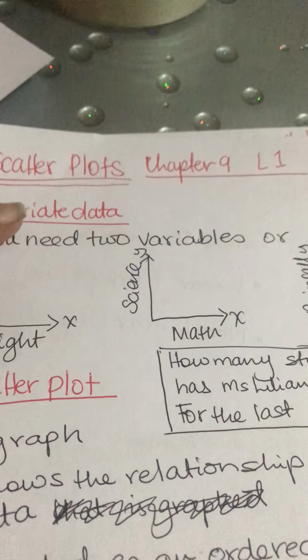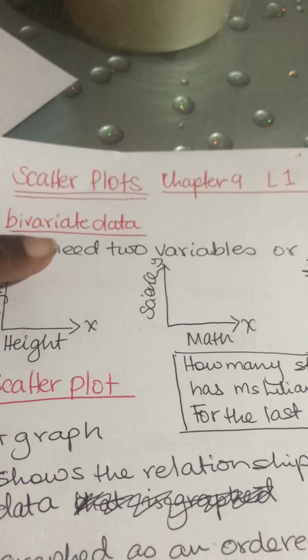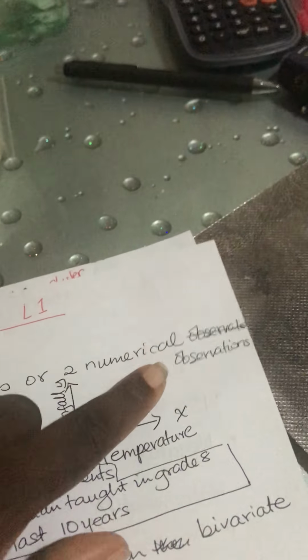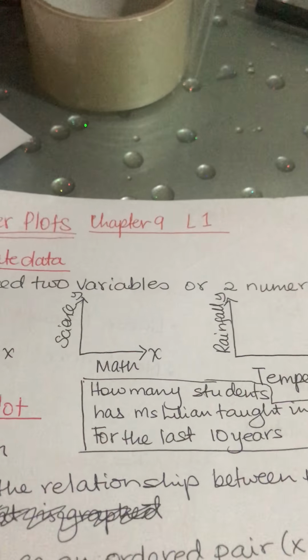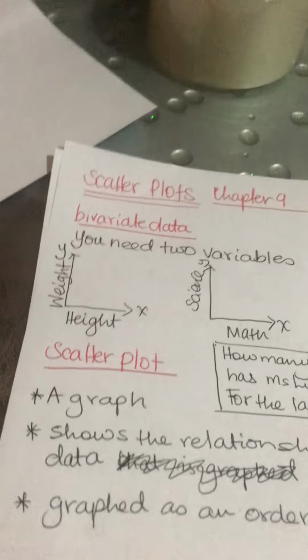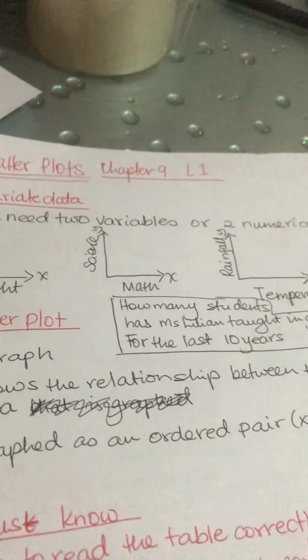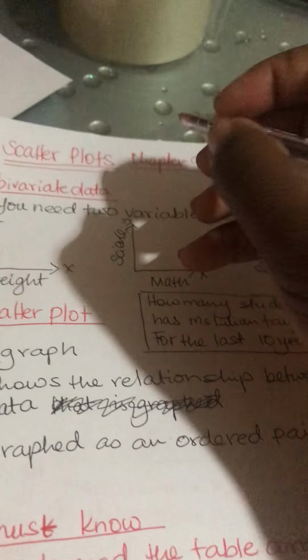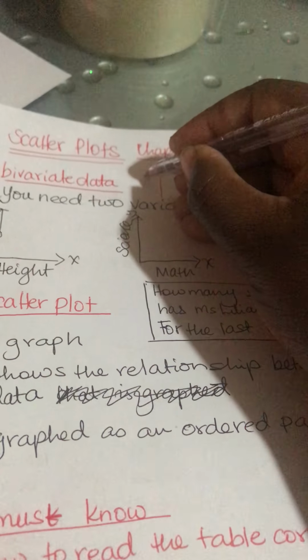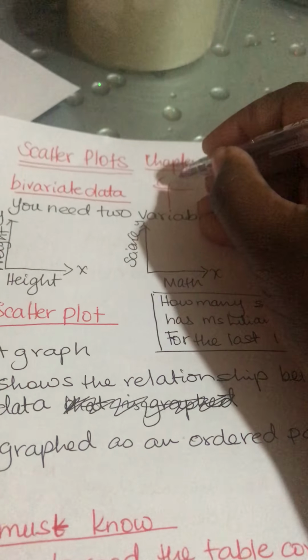What is bivariate data? It is data that needs 2 variables or 2 numerical observations. So one, it is data. So that means you need to put it on a graph. Well, it starts with a table and then a graph. So you'll have an X and Y table, just like we did in term 1.